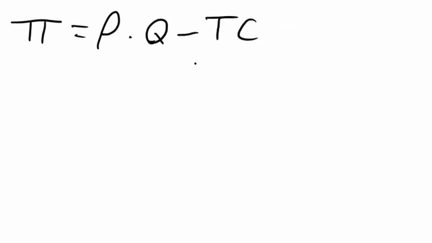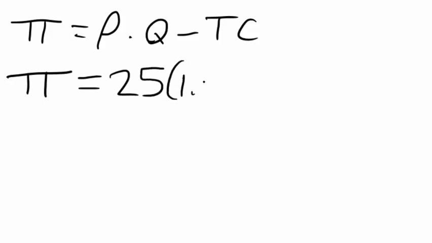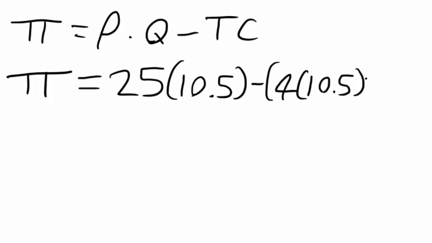Now all that's left is to find our profit. So we recall the formula for profit being price times quantity minus total cost. And we know all three of these things, so we can plug in what we know. So we have profit, denoted by pi, equals our price of 25 times our quantity of 10.5, and then minus our total cost function, which was 4 times Q, and Q is 10.5, plus 17.